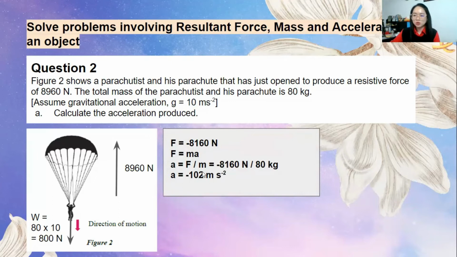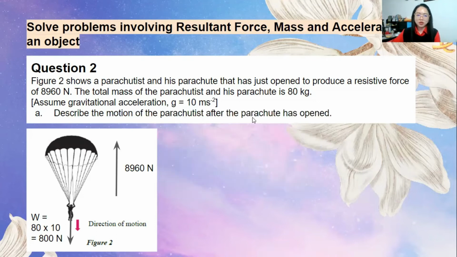We are still going to consider that you understand the concept of F equals ma. Do not feel stressed about why it is negative. Previously you used 8,160 without the negative sign, so you just reuse it in this question and find 102 meters per second squared. Yes, the answer is accepted. Don't worry. All right, now I move on.